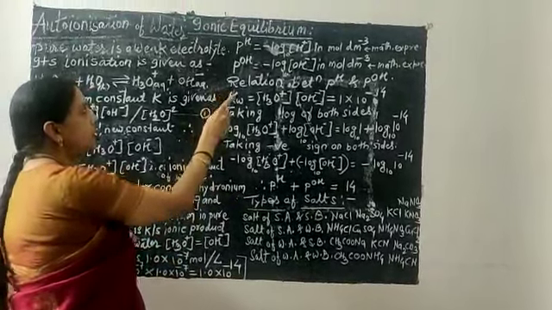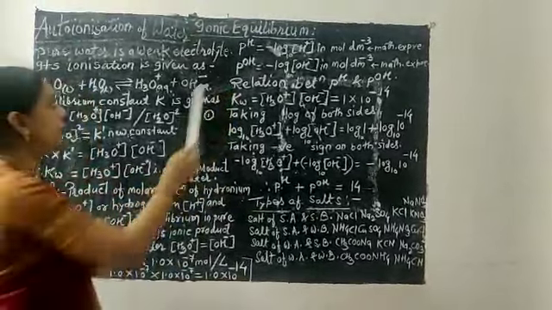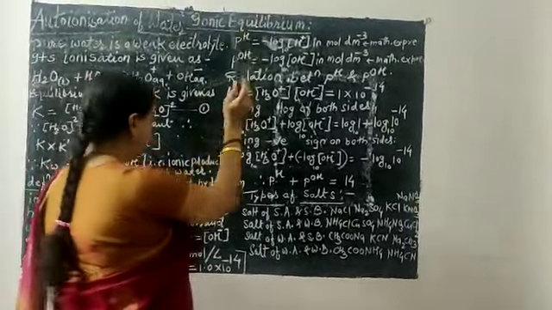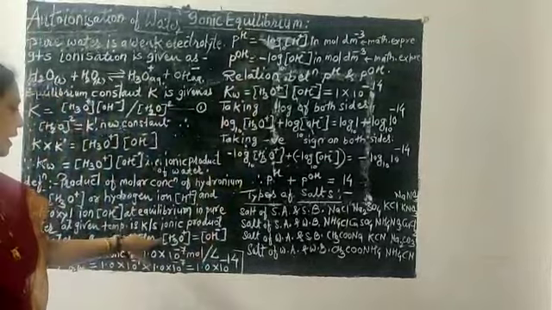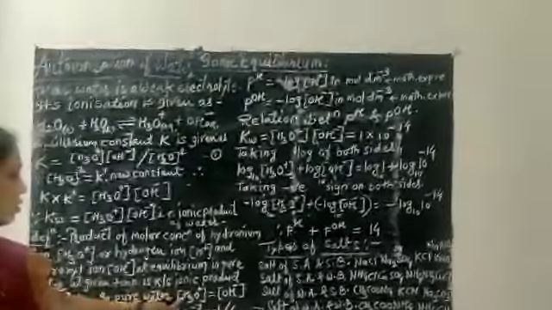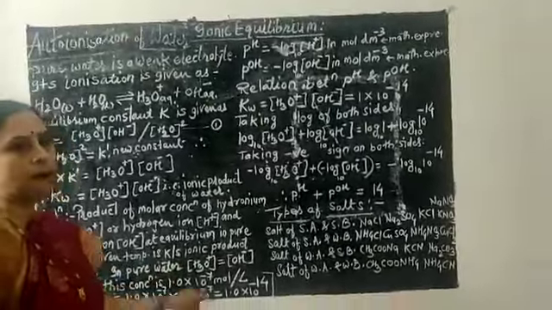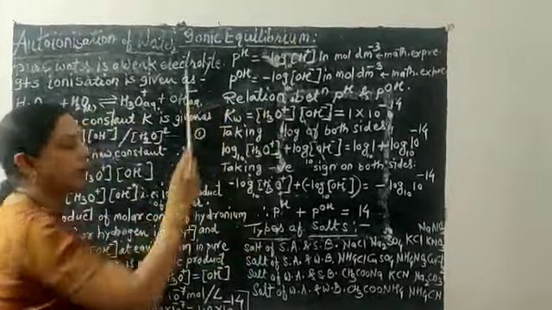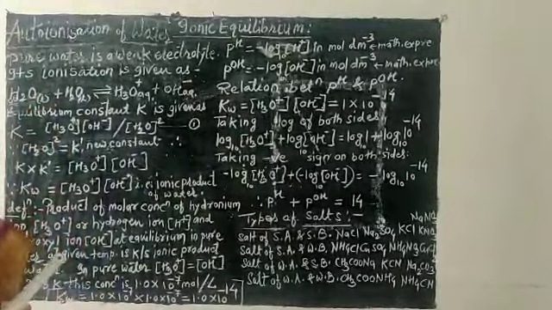What is pH? This is a 1 mark question. Define pH, define pOH. So what is pH? See here, the H3O plus or H plus ions concentration is 10 to the power minus 7, and its negative logarithm is known as the pH. So what is pH?